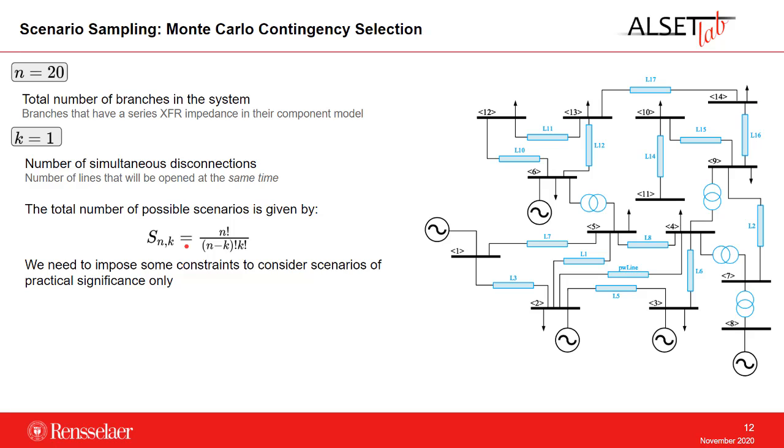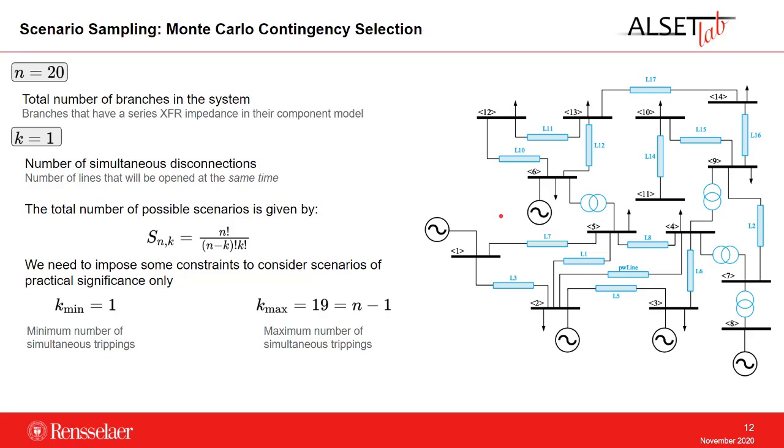And then it's logical that we constrain the number of contingencies to those scenarios of practical significance only. So the minimum number of simultaneous trippings has to be 1, and the maximum has to be n minus 1, so for this case 19, because it makes no sense to study the scenario where we trip all lines.